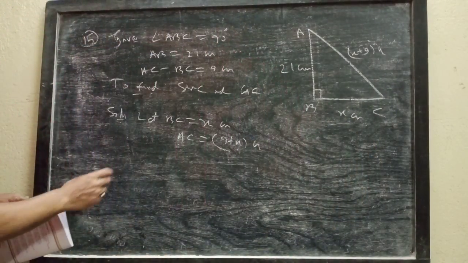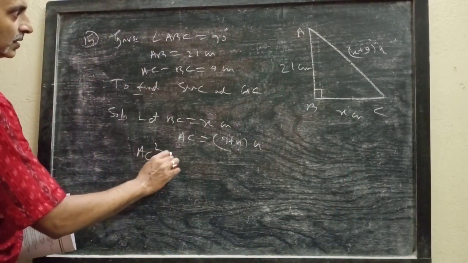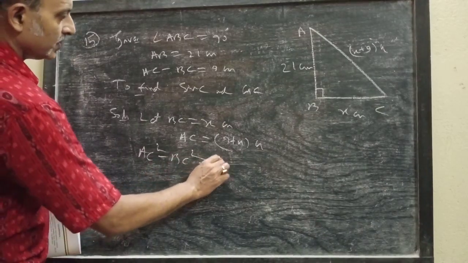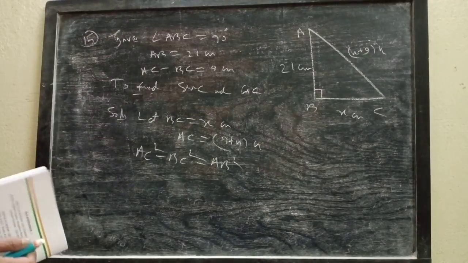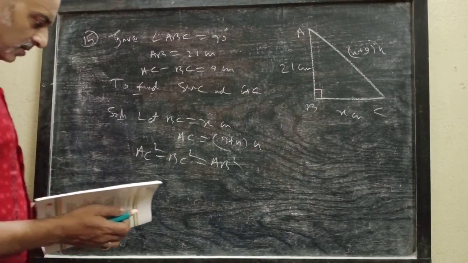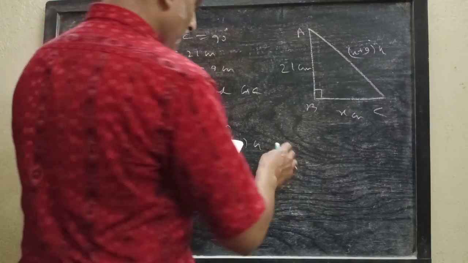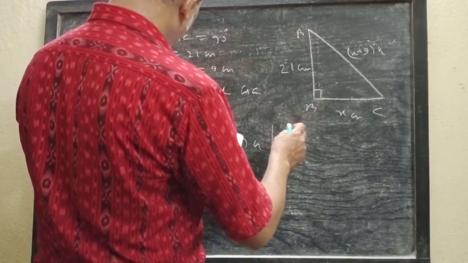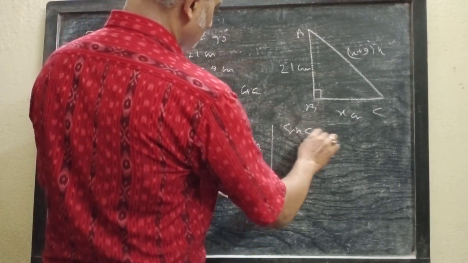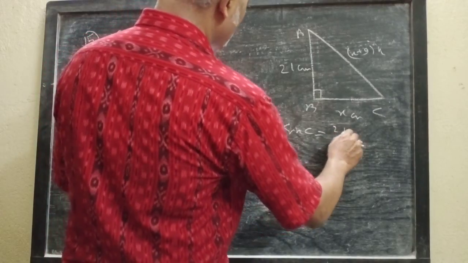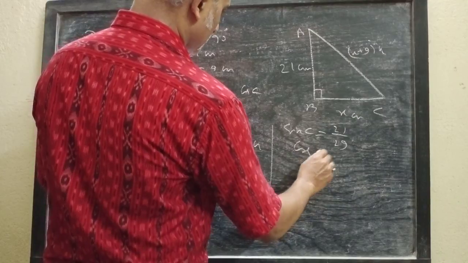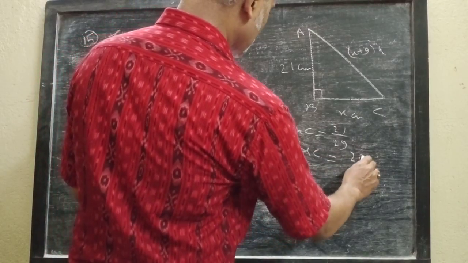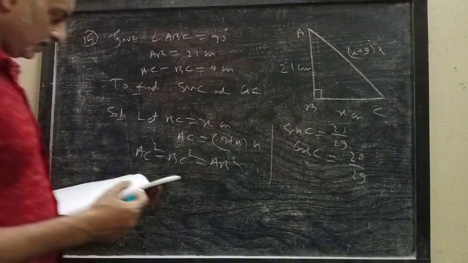Now, from triangle ABC we have AC square minus BC square equals AB square. Now solve it. The rest is kept as homework. You get sin C as 21 by 29 and cos C you will get 20 by 29.